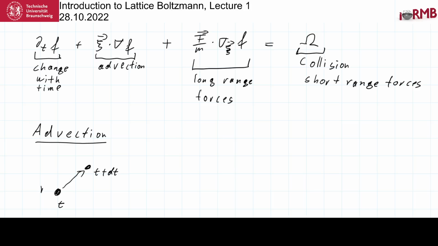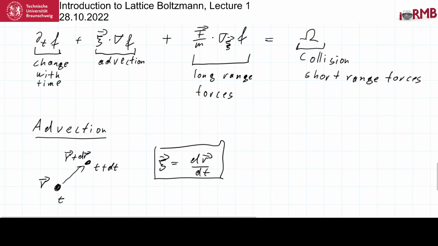Here it is at position r, and up here it is at position r plus dr. It is moving with its velocity xi, the change in its position over time.